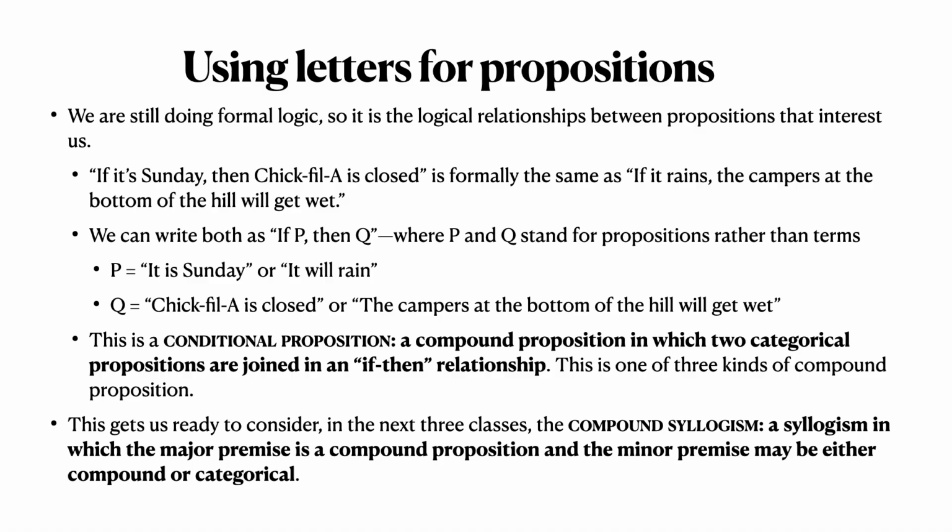But what sets the compound syllogism apart is that the first premise, the major premise, is a compound proposition rather than a categorical proposition. The second premise, could be compound, could be categorical, don't know. The conclusion, could be compound, could be categorical, don't know. But what makes this compound is that the first premise, at least, is compound rather than categorical.